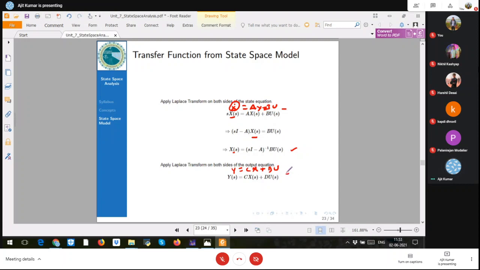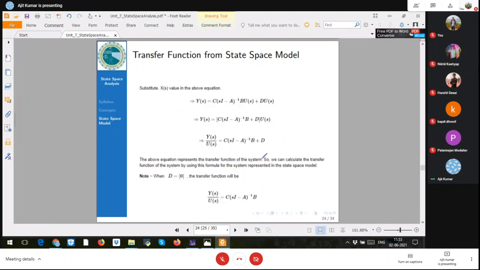Now you see, what you can do now is put this X here in this equation. When you substitute the value of X(s) in this equation, Y(s) equals C times X(s) plus D times U(s).